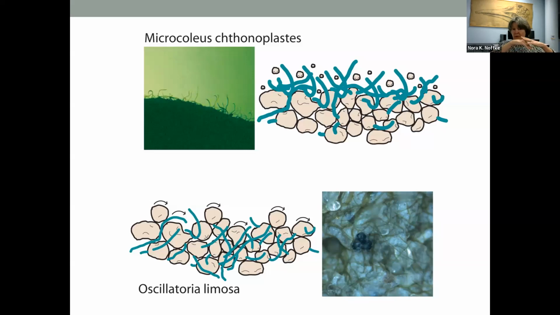So for instance, if ripple marks are migrating, this organism migrates with the sediment and traps incoming sedimentary grains.